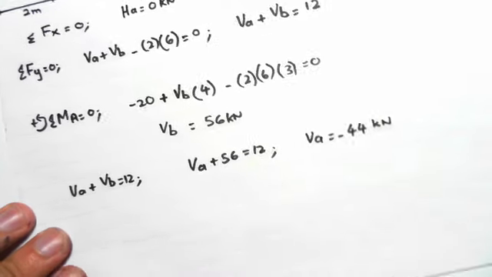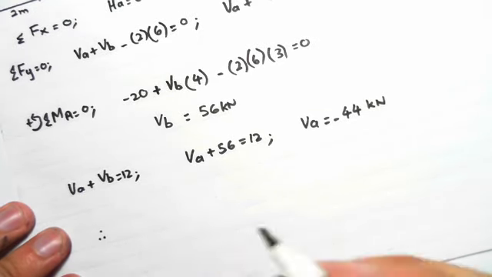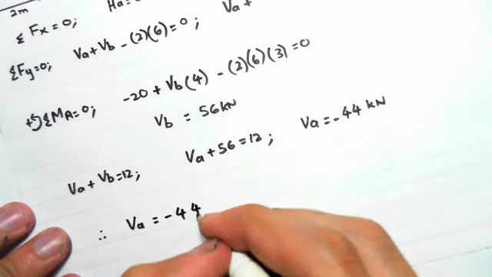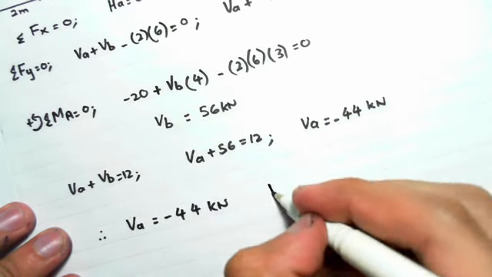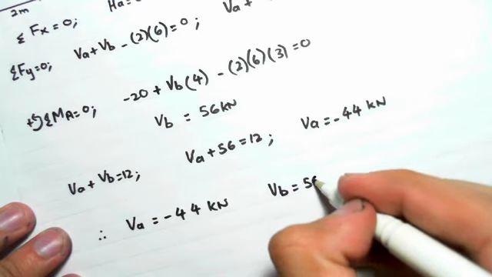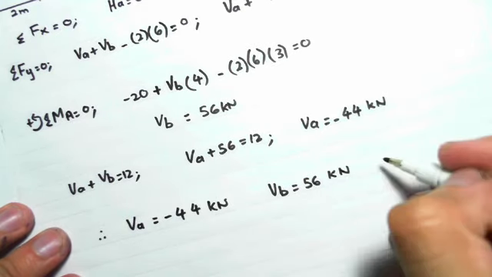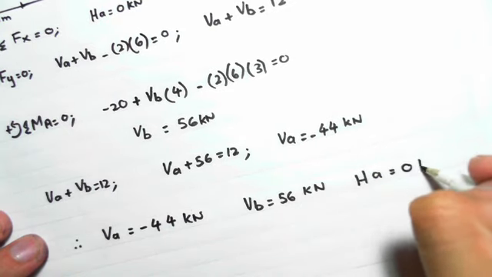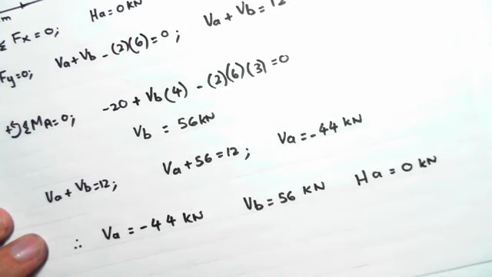So finally we just established our solution. We found that VA equals minus 44 kilonewtons, VB equals 56 kilonewtons, and finally HA equals 0 kilonewtons, as it was the only horizontal force.